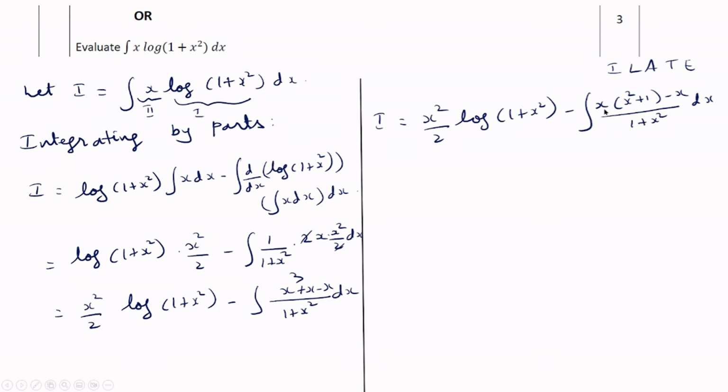Here we can write this as x into (x square plus 1) upon (x square plus 1) minus x upon (x square plus 1). So this is x square by 2 log of (1 plus x square) minus the integral of x minus x by (1 plus x square) dx. Now we can integrate x dx, and for this we can use integration by substitution to integrate this function.